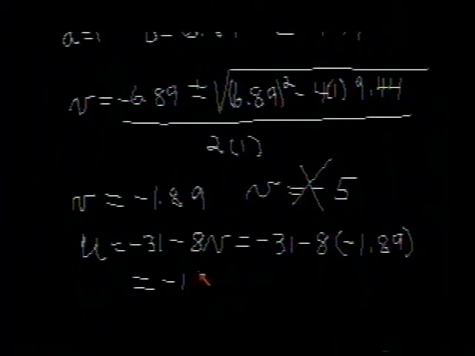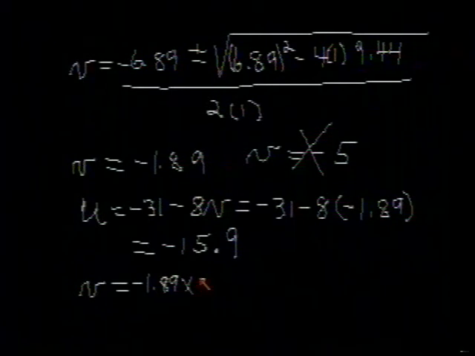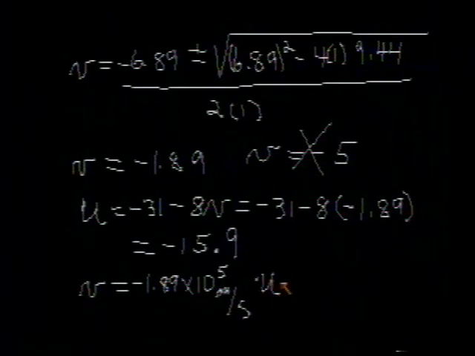Now, if we remember that we had changed some units here, we can write that v should be minus 1.89 times 10 to the 5th, our unit of speed, meters per second, and our u then should be properly written as equal to minus 15.9 times 10 to the 5th meters per second.